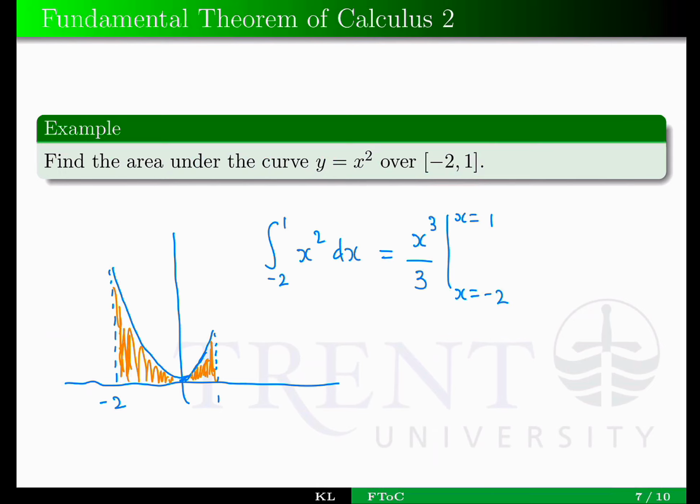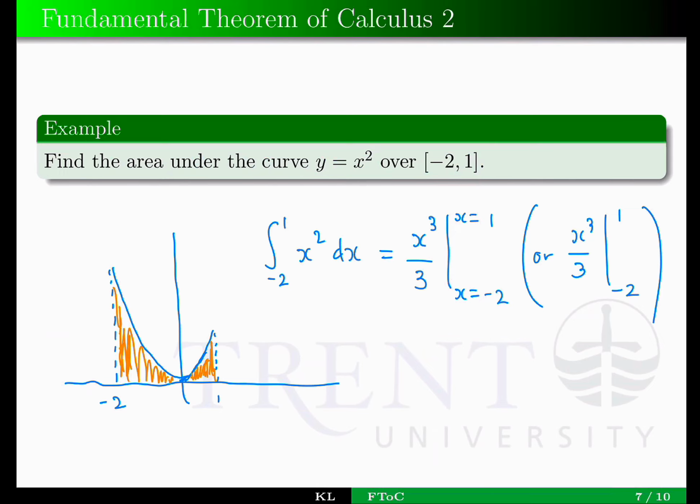In here, if we know which variable we are evaluating, we don't have to write x equals. You can just write it as x cubed over 3 evaluated from negative 2 to positive 1, since we already know that we are just evaluating the variable x.